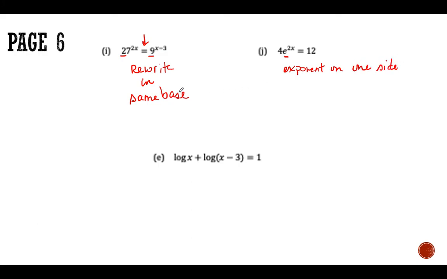This strategy isn't going to work. I can't use the rewrite in the same base. So what I'm going to do is just try to isolate the exponent part, get it all by itself.